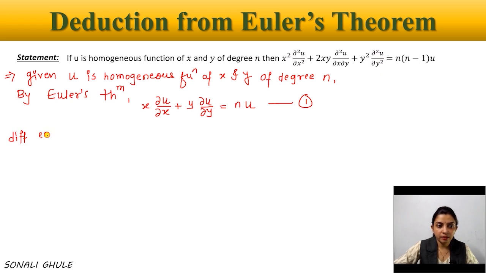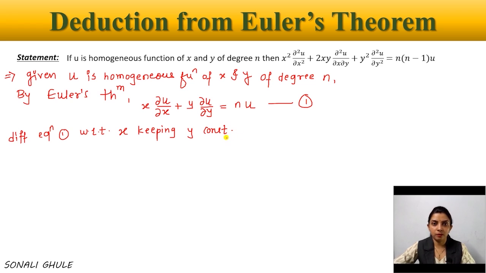Differentiate equation 1 with respect to x keeping y constant. So see here, I am differentiating this equation with respect to x again, right? So I have to use the product rule here because this is a term depending on x and this is also a term depending on x, right?